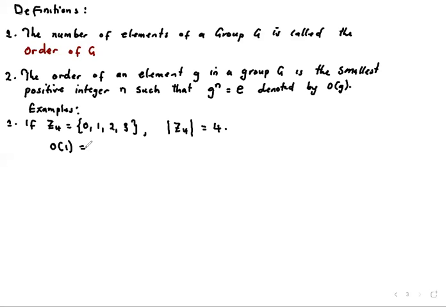Okay, 4 is being represented by the identity, which is 0. So now, how many times do you add 1 to get 4? 1 plus 1, you get 2. 2 plus 1, we get 3. 3 plus 1, we get 4, which is 0. How many times?